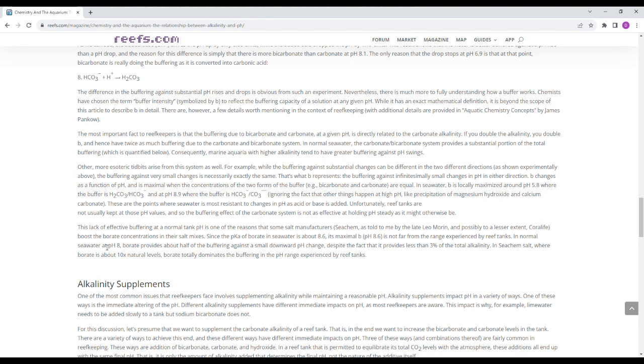In normal seawater at pH 8, borate provides about half of the buffering against a small downward pH change, despite the fact that it provides less than 3% of the total alkalinity. In CCAM salt, where borate is about 10 times natural levels, borate totally dominates the buffering in the pH range experienced by reef tanks.